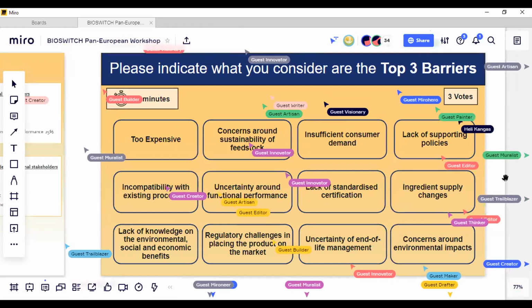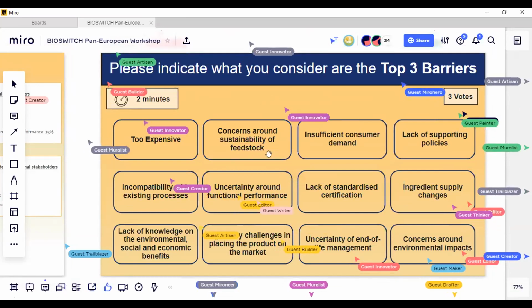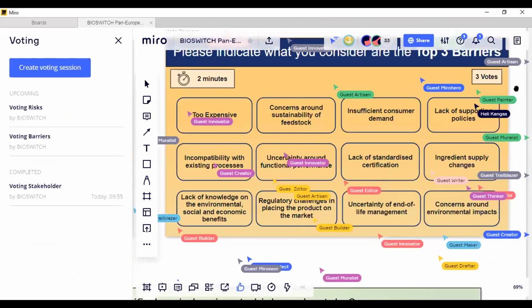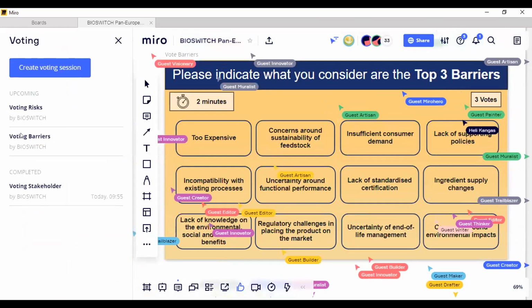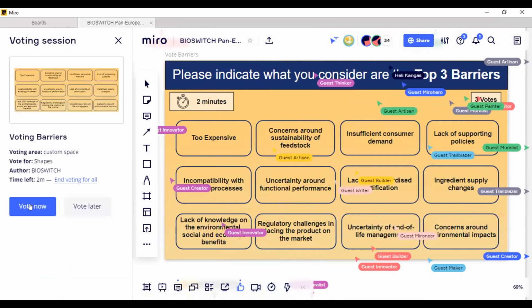This is similar to the stakeholder poll. It is a voting system again, but this time you have 3 votes. There will be 2 minutes on the timer. So please indicate what you consider are the top 3 barriers. Again, you will have 3 votes for this. I'm starting the voting now.